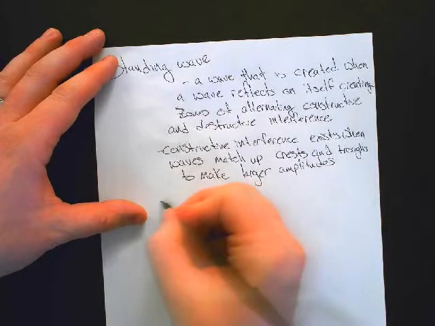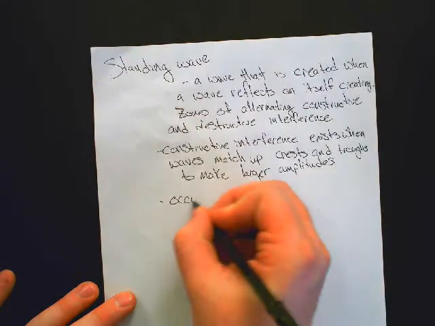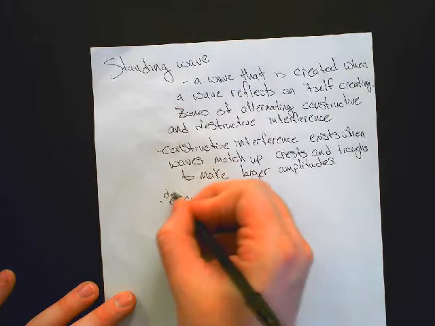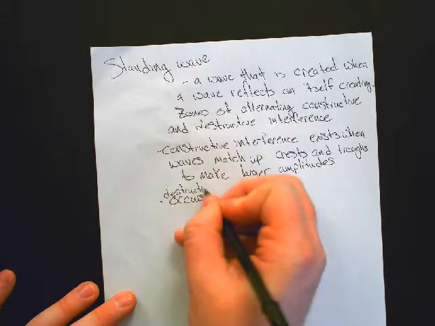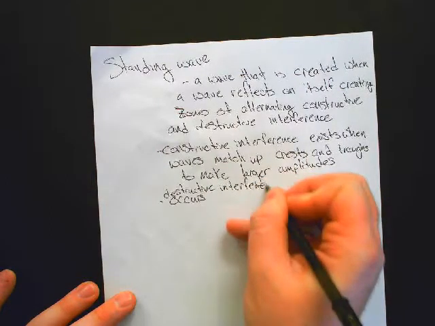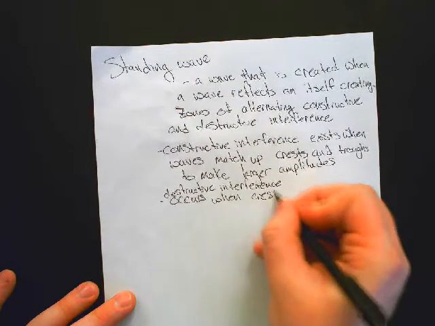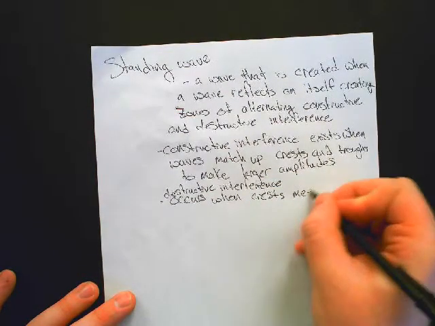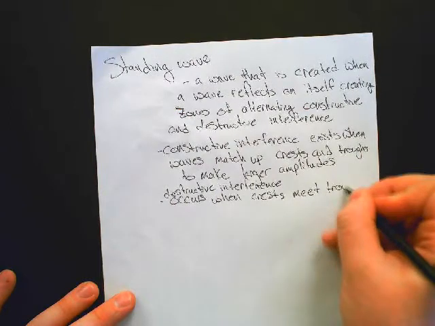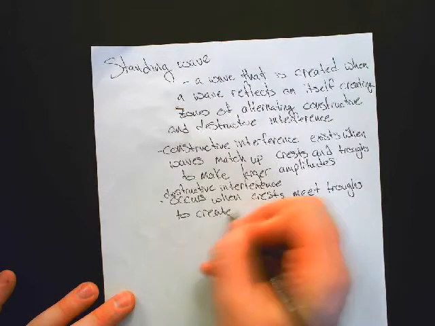And destructive interference occurs when a crest meets a trough and they subtract from each other to create a lower amplitude. Destructive interference: when crests meet troughs to create smaller amplitudes.